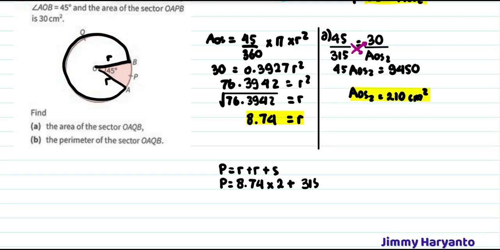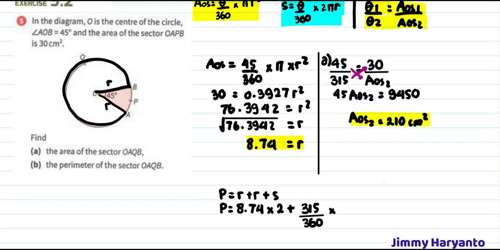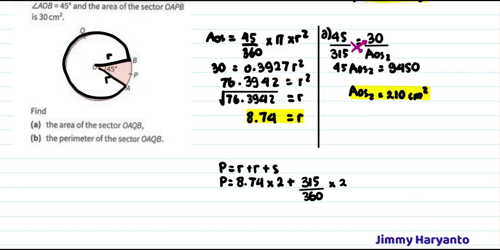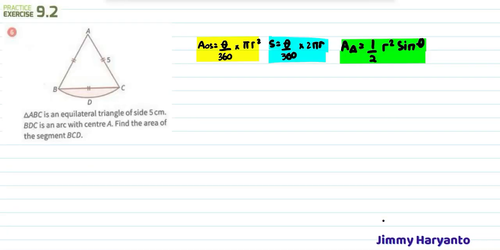For the theta we will use 315, because it's the larger sector. That means 315 over 360 times 2 pi r. The r is 7.74. Let me calculate this. And the answer is 65.5 centimeters.